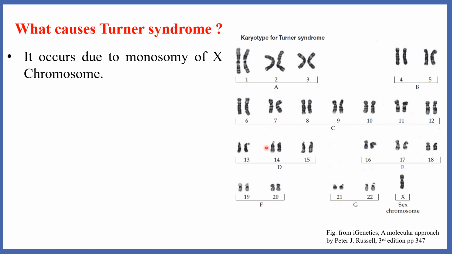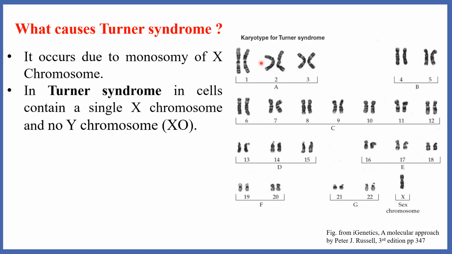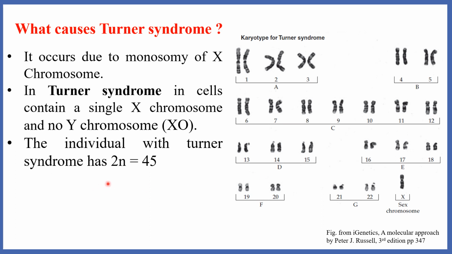The patient who has Turner syndrome has 22 pairs of autosomes and a single X chromosome instead of a pair. As a result, their diploid number is 2n equals 45. As we know, a normal healthy human being has 46 chromosomes, that is 23 pairs.